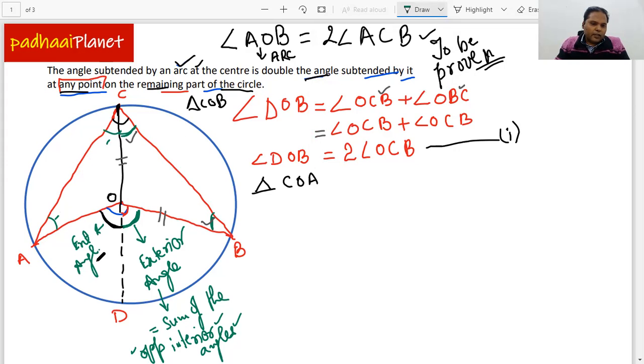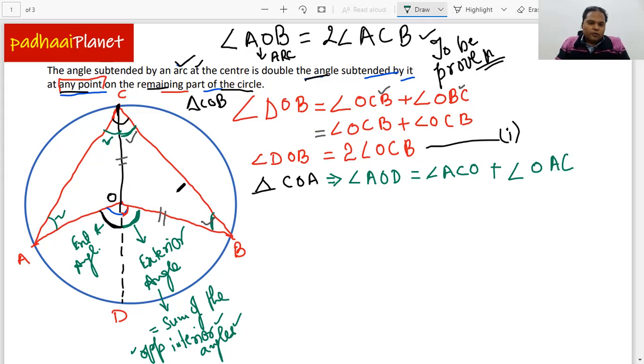So what we can write is that angle AOD is equal to the sum of this one and this one. So then what we can write is angle ACO plus angle OAC, right?